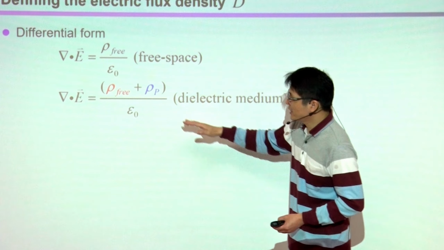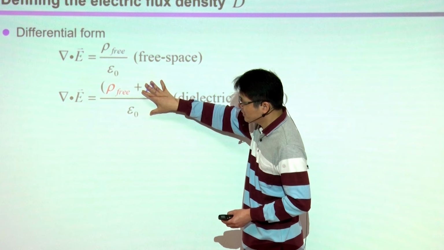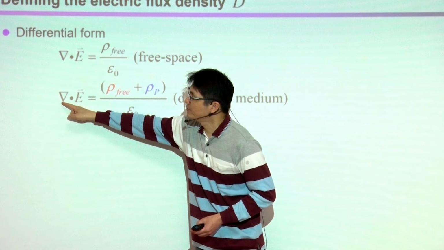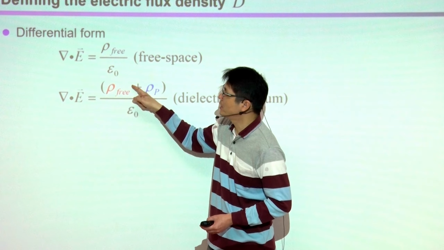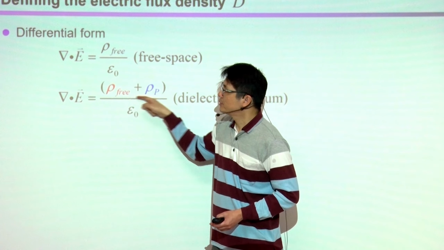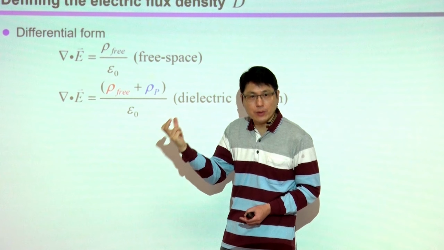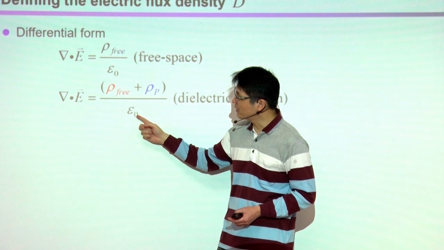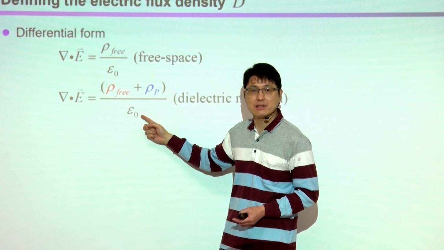Right? So basically, when we're talking about matter, dielectrics, divergence of E is rho total, the total charge density, divided by epsilon 0.